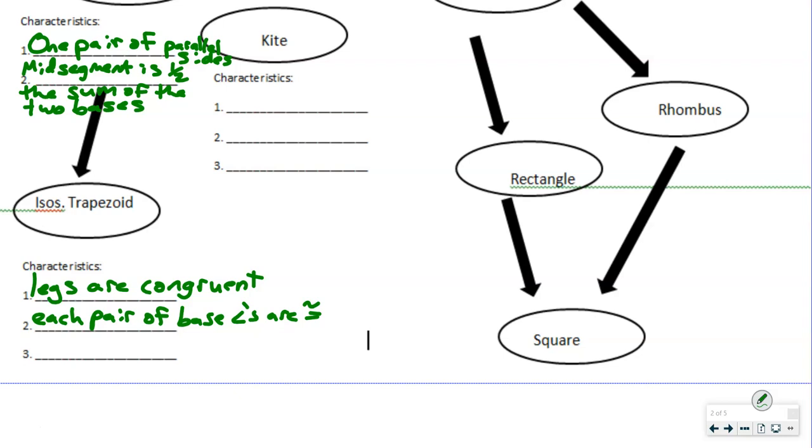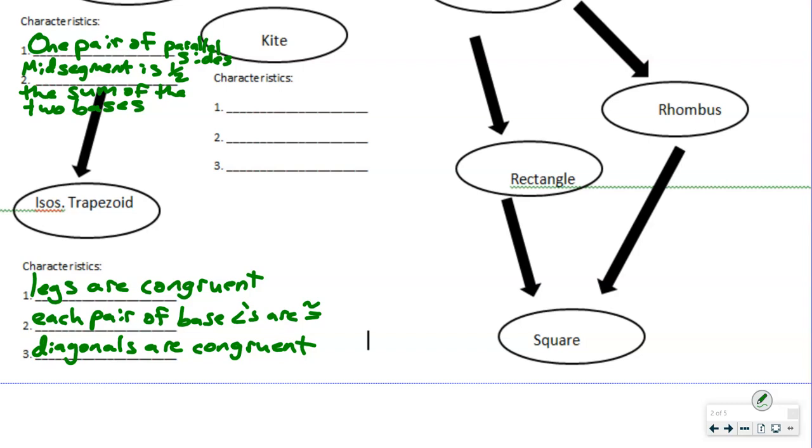And then the last characteristic of an isosceles trapezoid is that the diagonals are congruent. Don't get that mixed up with the rectangle's characteristic where diagonals are congruent.